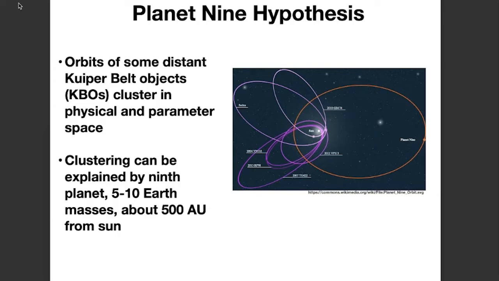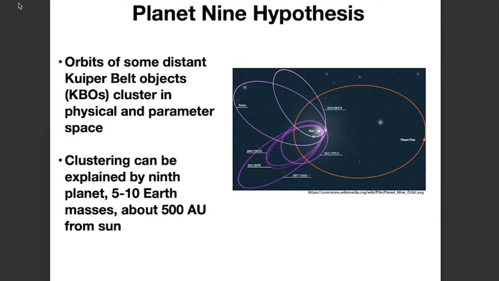So the idea is that the ninth planet, Planet 9, is gravitationally interacting with some of these Kuiper Belt objects and drawing their orbits into this sort of clustered configuration. So this is observed and the basis for the Planet 9 hypothesis.